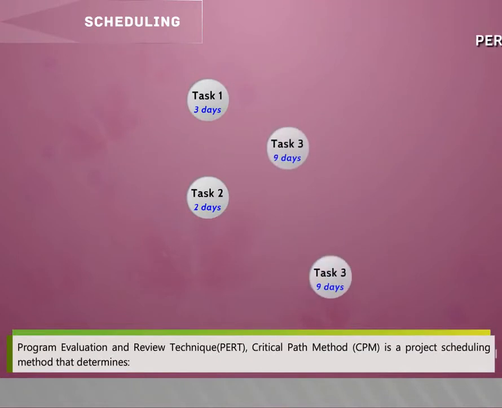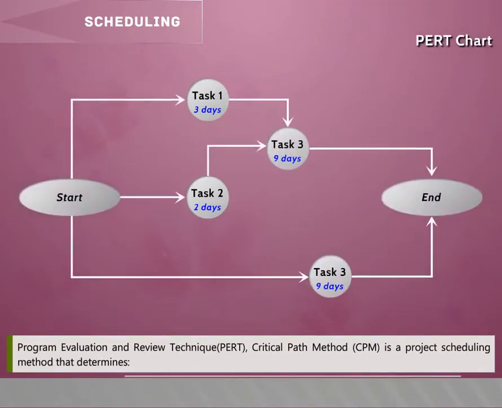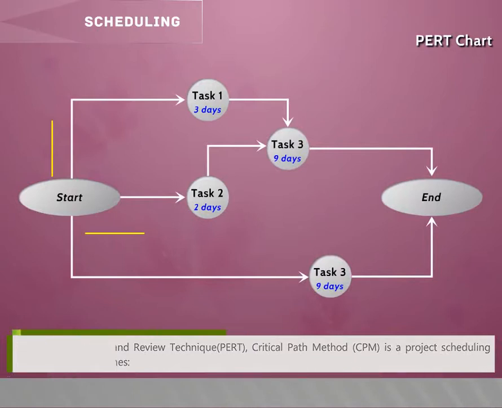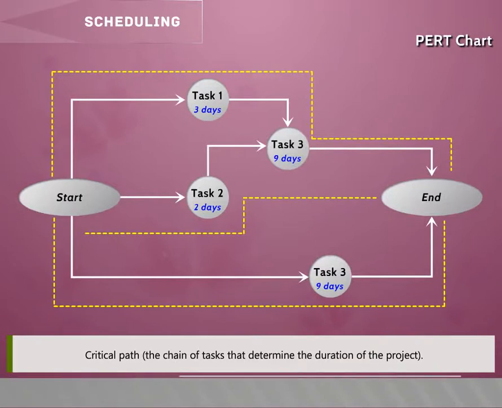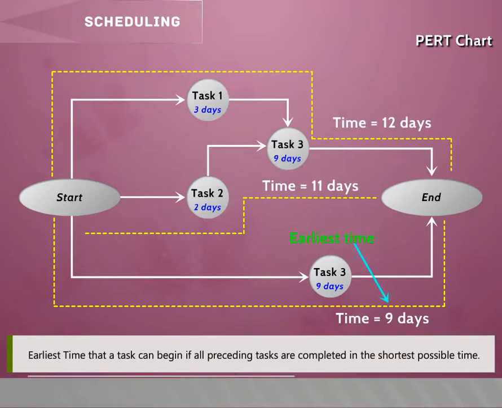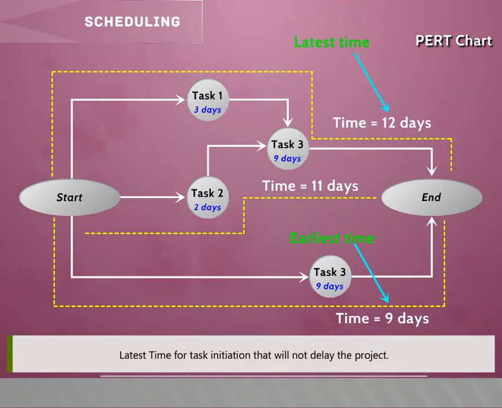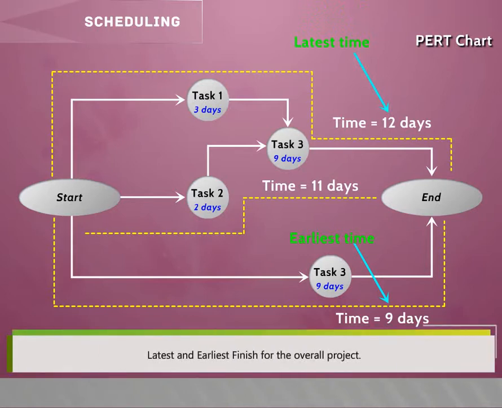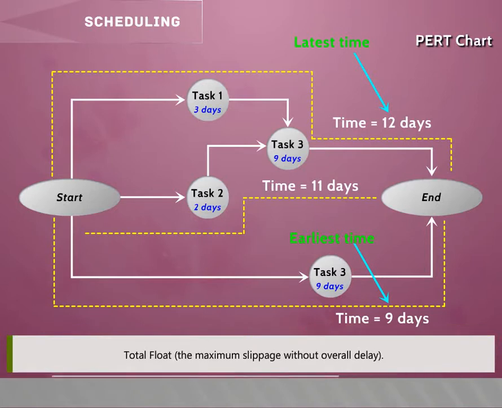Scheduling. Program Evaluation and Review Technique (PERT) and Critical Path Method (CPM) is a project scheduling method that determines the critical path, the chain of tasks that determine the duration of the project; the earliest time that a task can begin if all preceding tasks are completed in the shortest possible time; the latest time for task initiation that will not delay the project; the latest and earliest finish for the overall project; and total float, that is, the maximum slippage without overall delay.